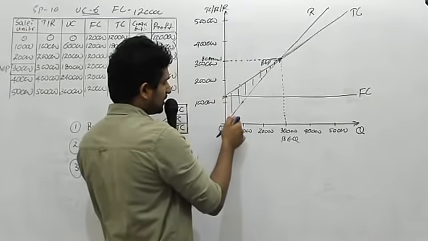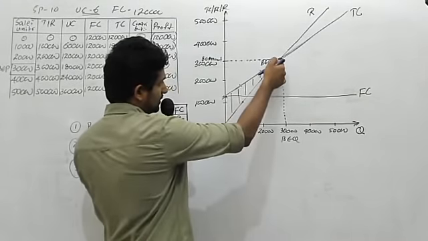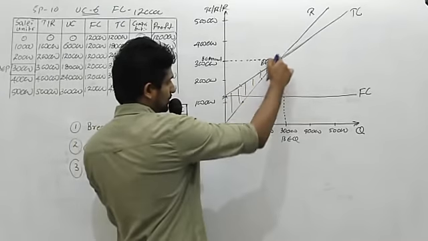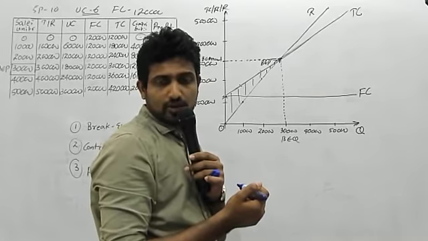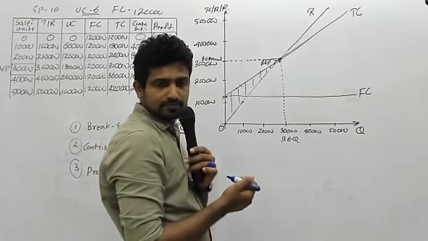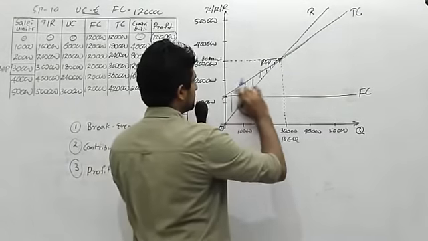In this area, this is the revenue line, this is the total cost line. Total cost is greater than the revenue. This is the loss area, the loss making area.